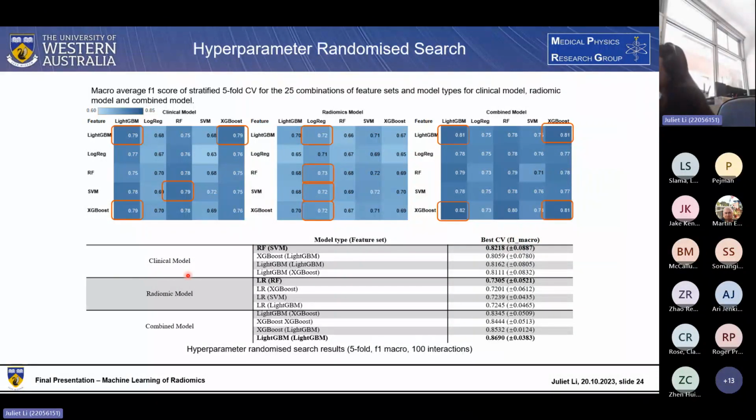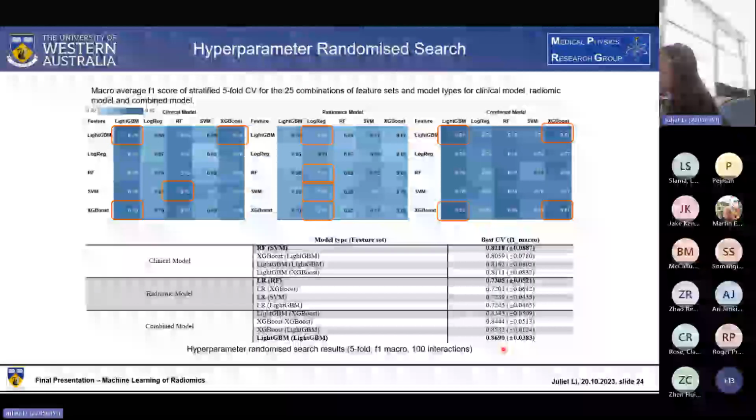For the clinical model, the best one was random forest with SVM, with a best CV score of 0.82. The radiomics model was logistic regression with features from random forest. And the combined model was LightGBM gradient boosting with features from light gradient boosting.